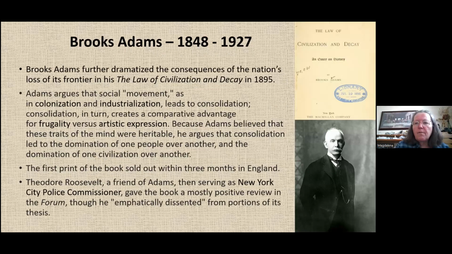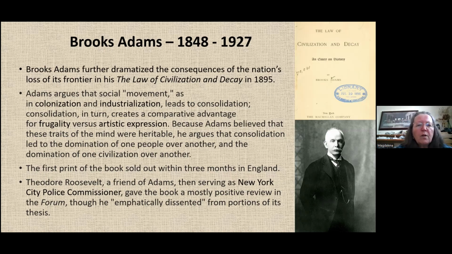Now here's another fellow, Brooks Adams, who lived from 1848 to 1927. He further dramatized the consequences of the nation's loss of its frontier in his The Law of Civilization and Decay, which he wrote in 1895. Adams argues that social movement, as in colonization and industrialization, leads to consolidation.